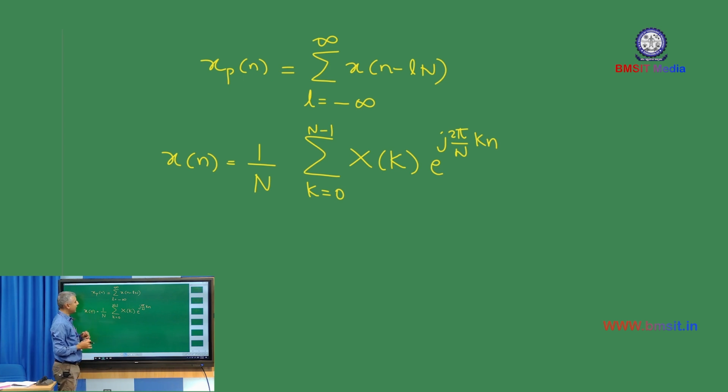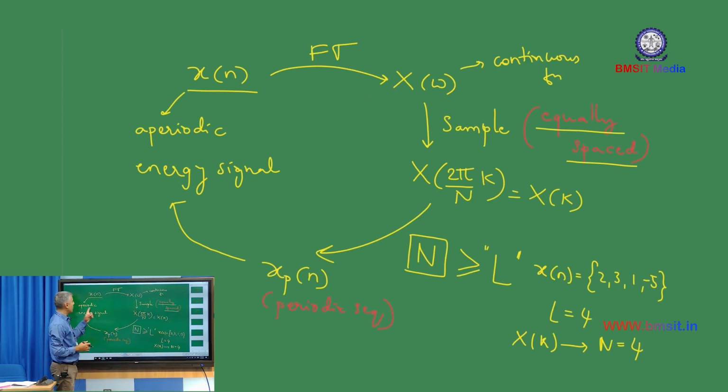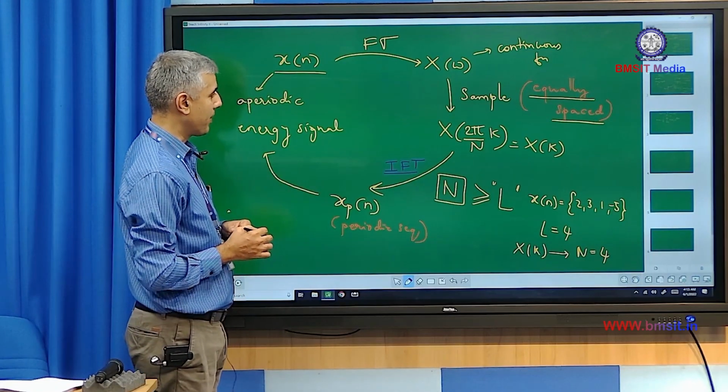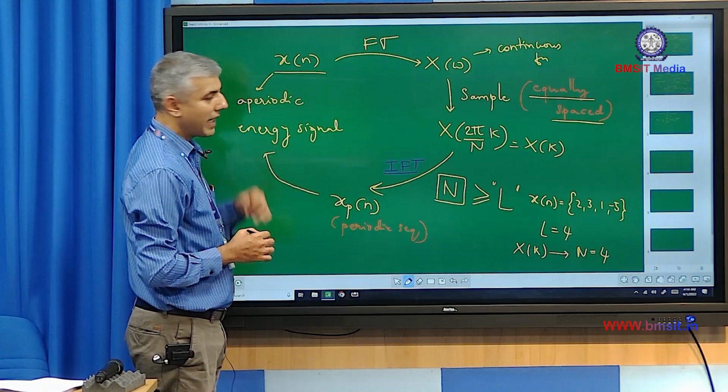Let us look at the previous graph here. So, x of n to X of k is understood. From X of k, when you take the inverse Fourier transform, do I get back x of n?